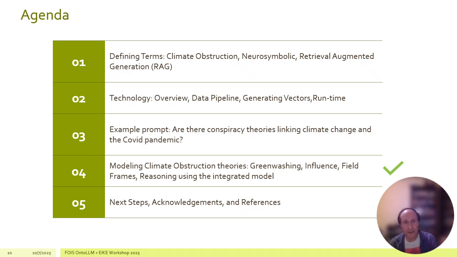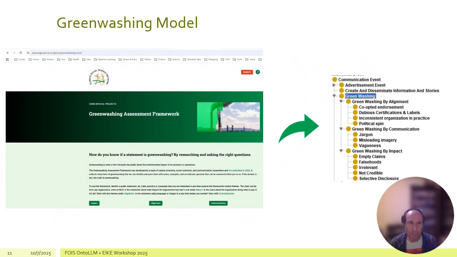Okay, now the final thing I'm going to talk about is how we modeled some of the climate obstruction theories. The first one, and this was the most straightforward one, is there's a greenwashing model that the CSSN has developed. I'm showing you the start page for that greenwashing model here, and I know it's probably hard to read, but if you look at that page, you will see three buttons at the bottom called impact, alignment, and communication.